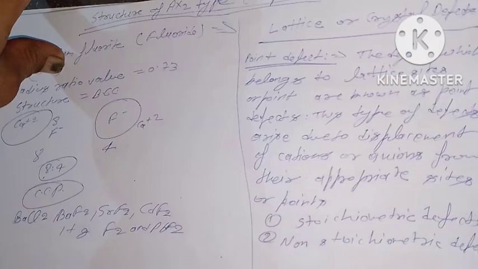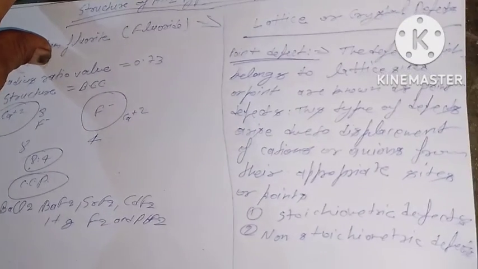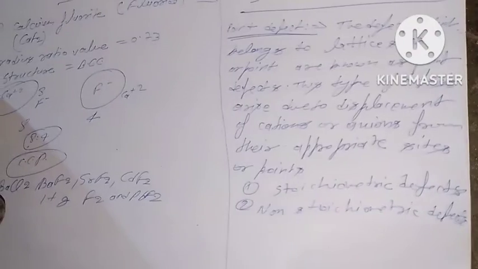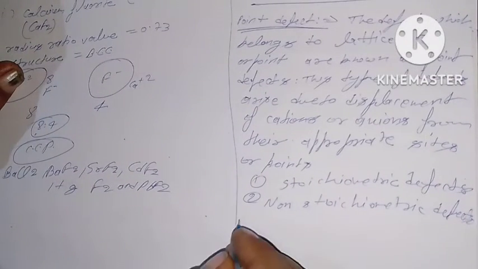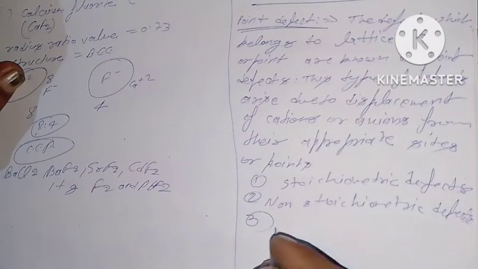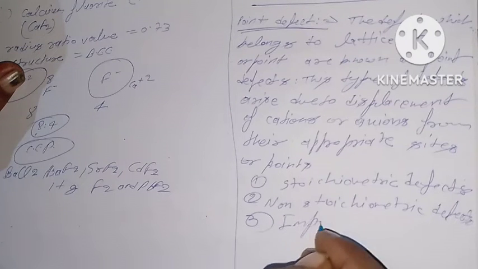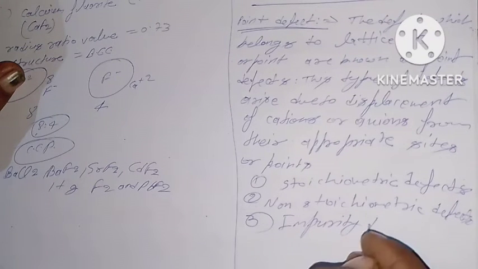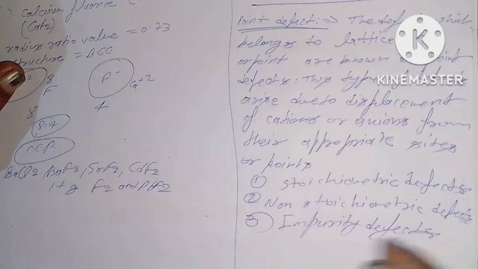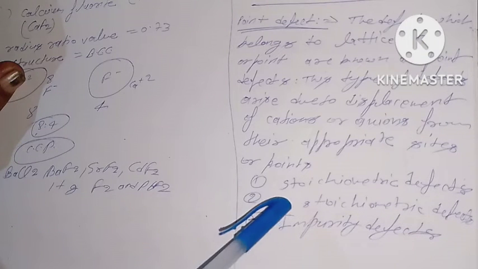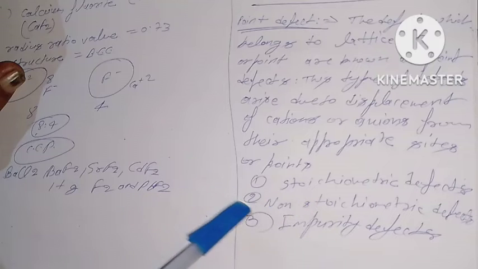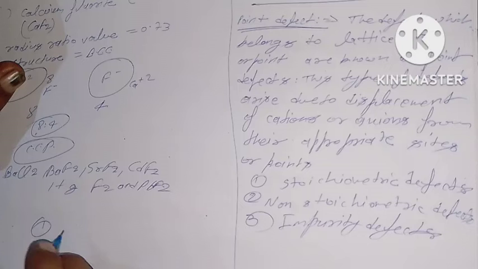Third is impurity defects. First stoichiometric defect, second non-stoichiometric defect, and third impurity defects. Okay. First point, stoichiometric defects.